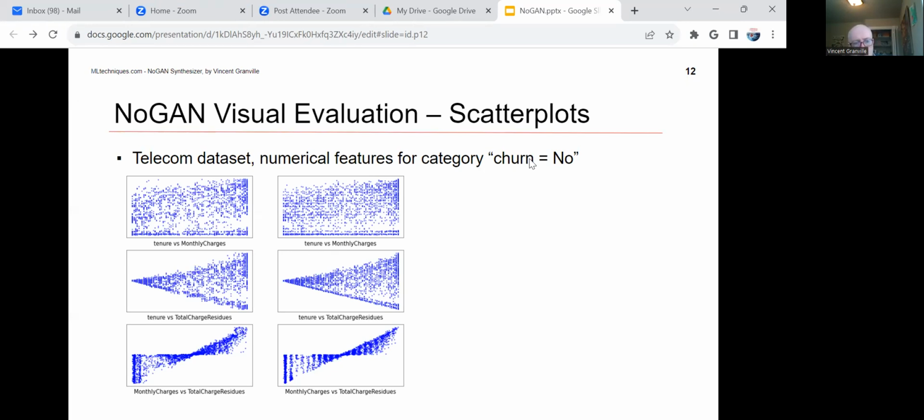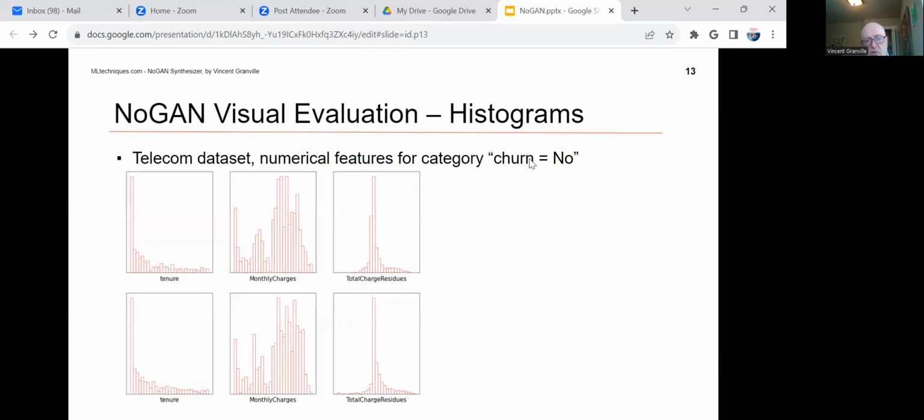And I called it the total charge residues. So in the end, I have these 3 features: tenure, monthly charges, and total charge residues. And you can see that the replication of the 2-dimensional distributions is pretty good.